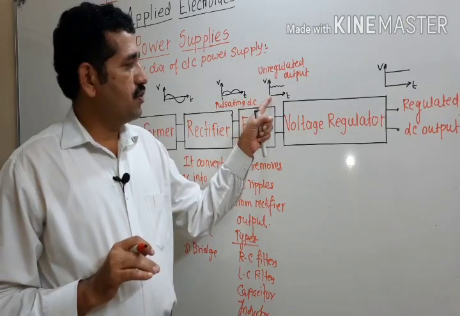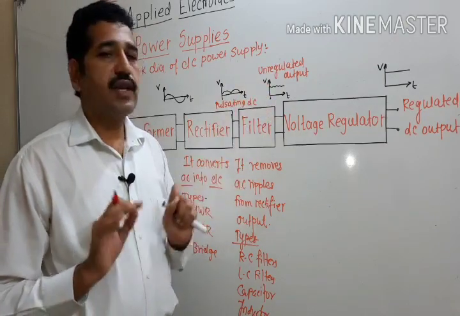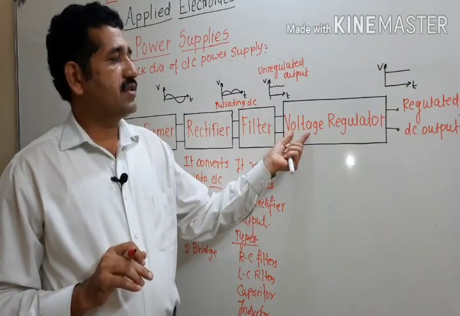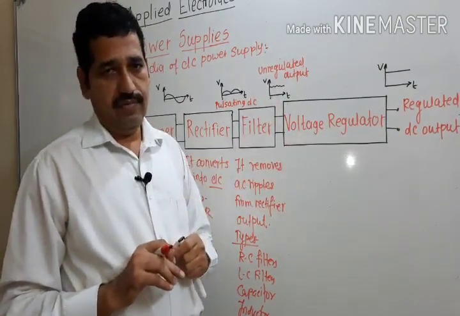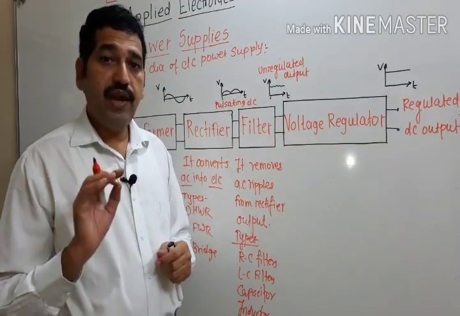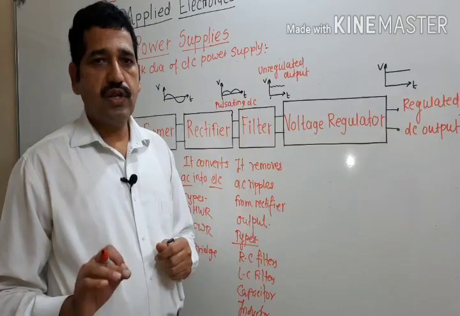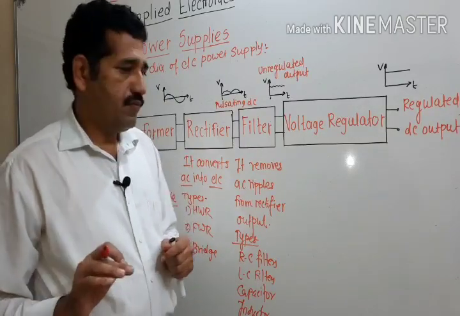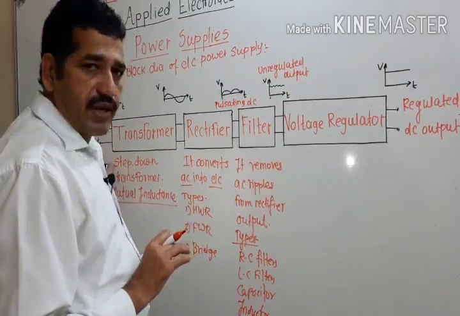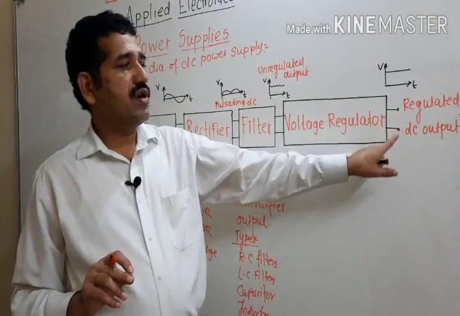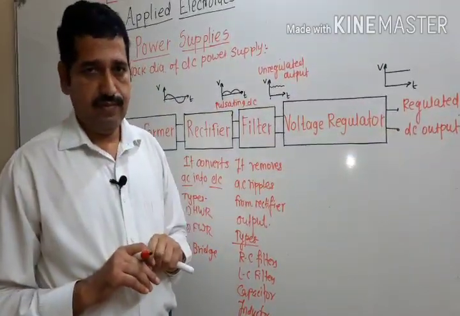So that output is called unregulated output. Therefore it requires a regulator. A voltage regulator maintains constant output voltage when supply voltage or line voltage varies or load current changes.